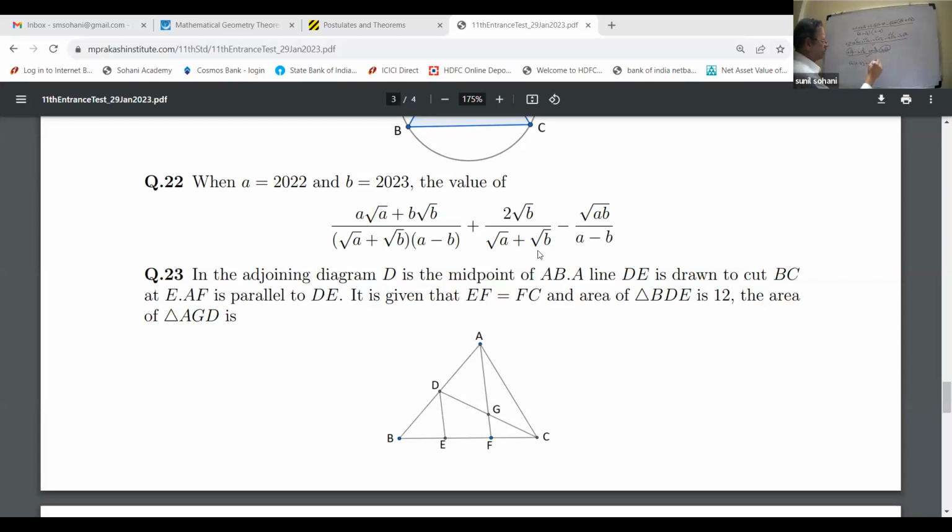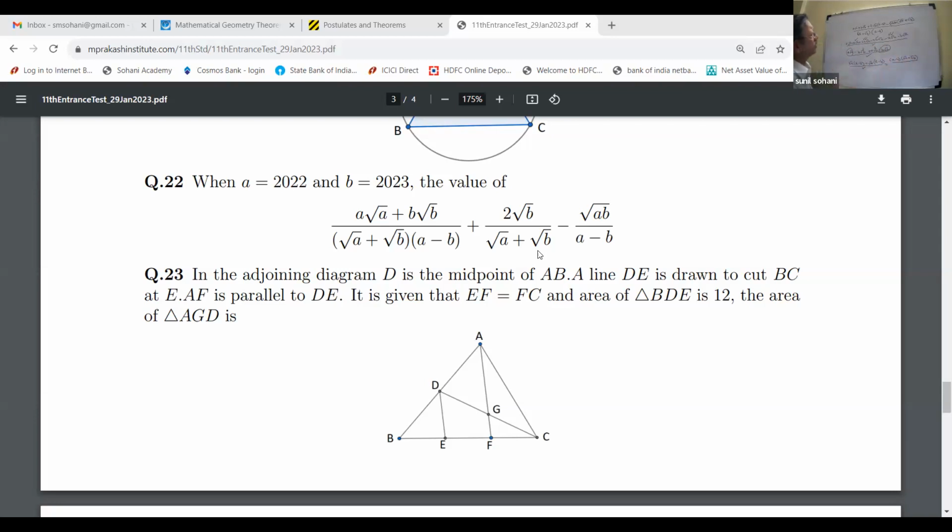If I take it out, again I get A minus B. The denominator is still remaining the same, no change. And this is like factorization of a quadratic equation or whatever you say. So A minus B is a common bracket, and the uncommon part left over is root A plus root B.